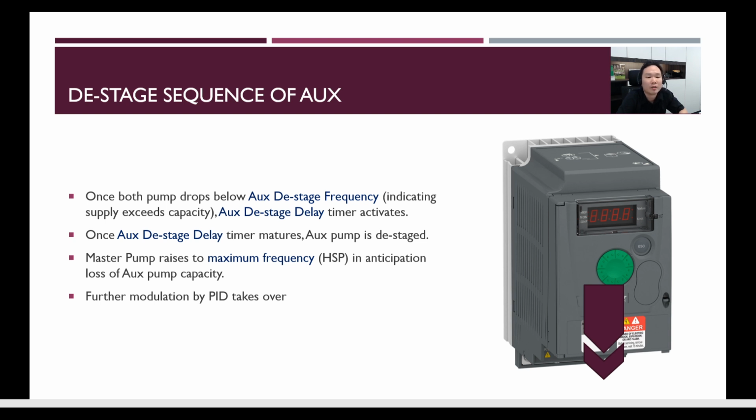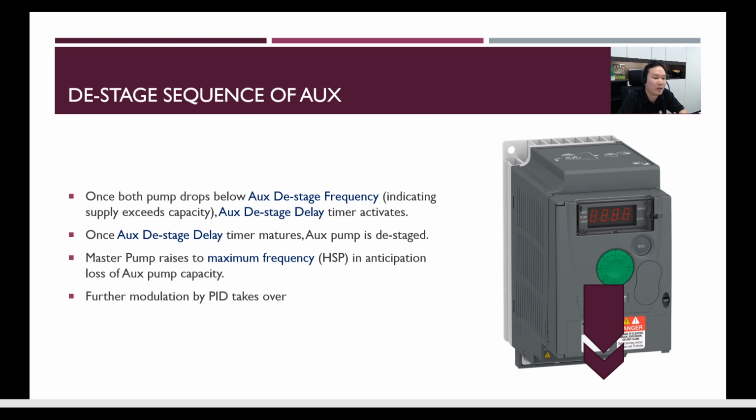Once the aux pump is destaged, the master pump raises to the maximum frequency. Again, this is in anticipation of the loss from the aux pump. The PID knows that the aux pump is going off and that there will be a drop of supply.